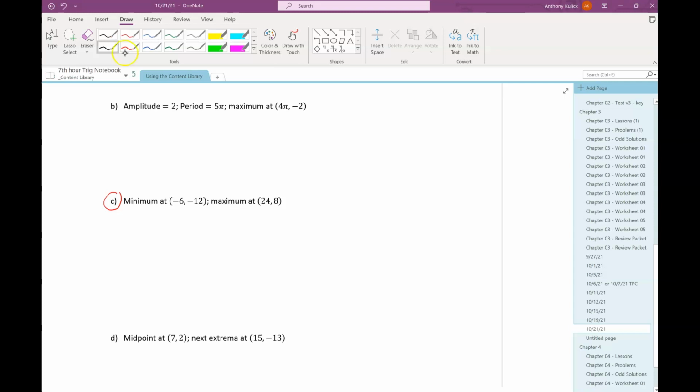I'm going to start by drawing my picture of what's going on. I'm just going to sketch in my midline. And it says I have a minimum, and then I have my maximum up here. And I usually like to sketch in one full period.